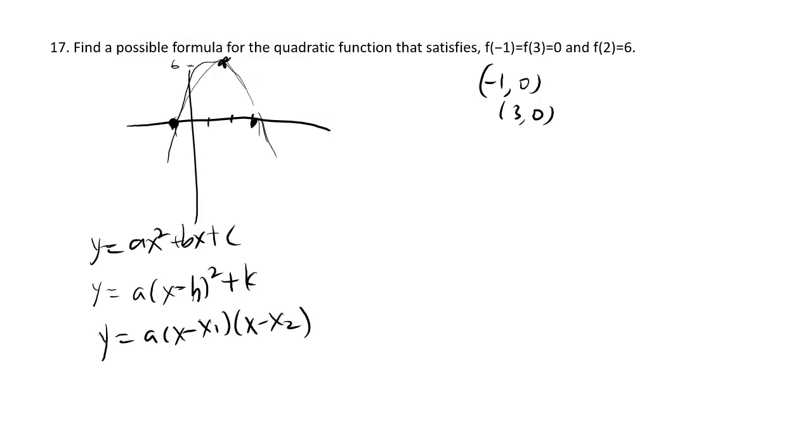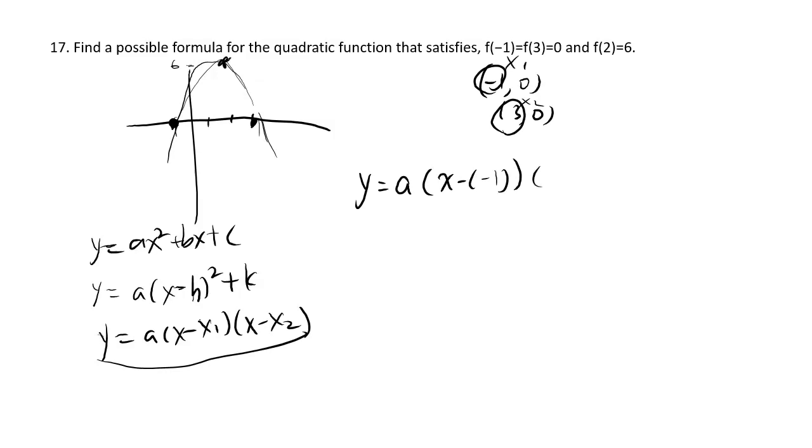Now, of these 3, the best one to use is the x-intercept form because you're given the 2 x-intercepts. So you can think of this as x1 and that as x2 and plug that into this formula and say y is a times (x minus -1)(x minus 3). That's your function. y is f of x.